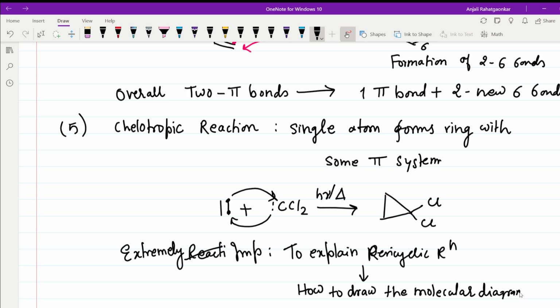So in the next lecture, I will teach you how to draw the molecular orbitals, how to draw the linear combination of molecular orbitals, various nodes, the symmetry, the conservation of the symmetry, etc. Because without knowing all the details about the molecular orbitals, you cannot proceed to the mechanism. So in the next lecture, we will see how to draw the molecular diagram.